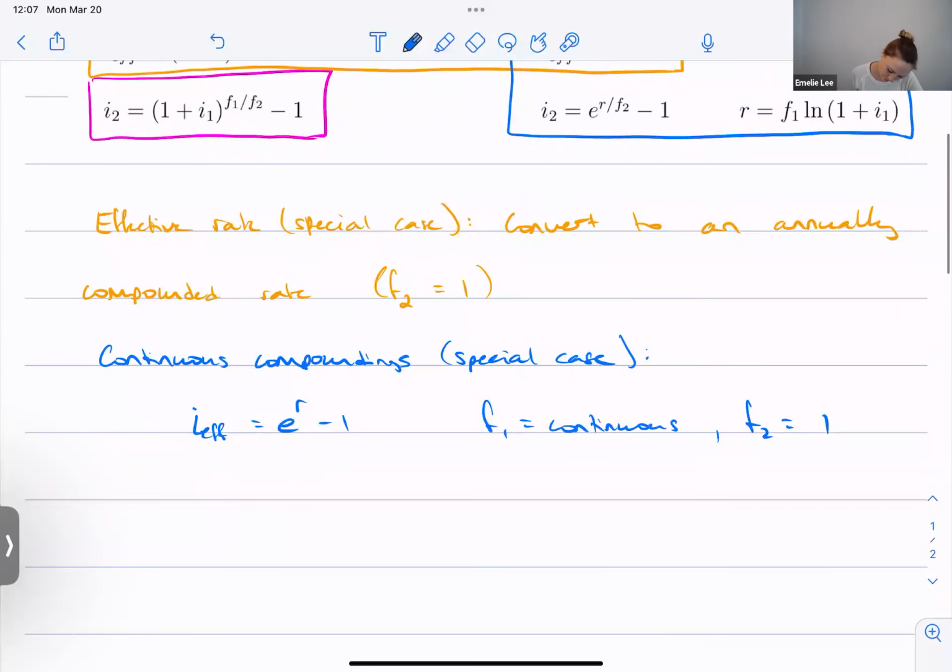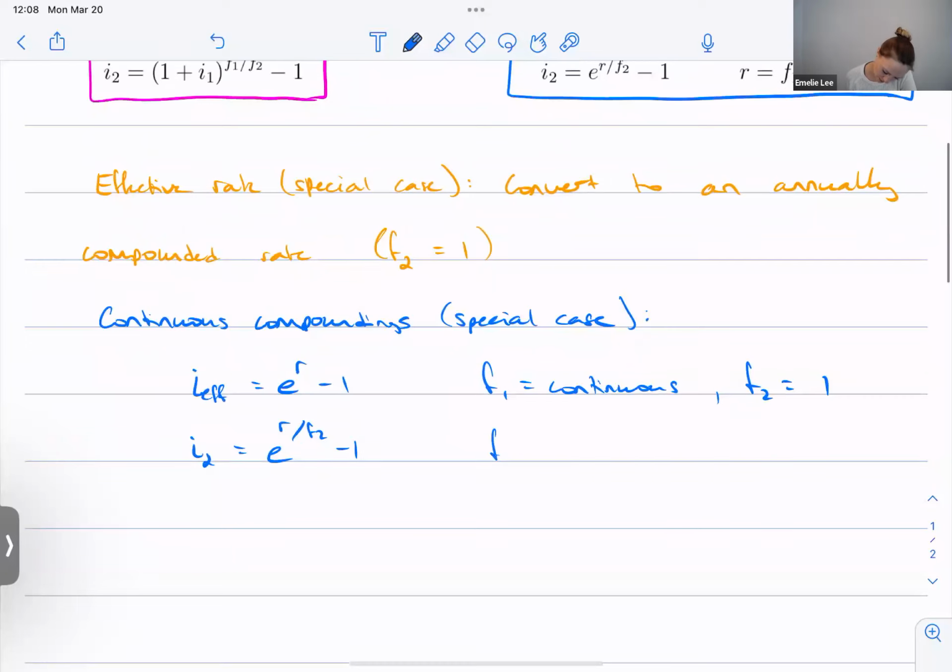I2 is e to the r over F2 minus 1 when we're going from a continuously compounded rate to some F2. So F1 is continuous and F2 is F2 to show that F2 can be anything.